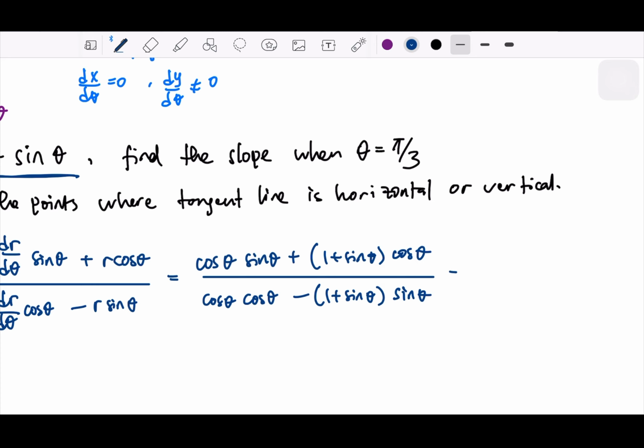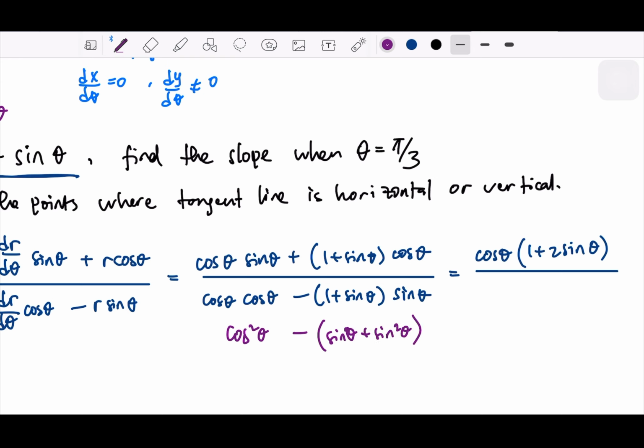Okay, we can simplify and then try to check the equations. The top will be 1 plus 2 sine theta, and the bottom will be cos squared theta minus sine theta plus sine squared theta, right?